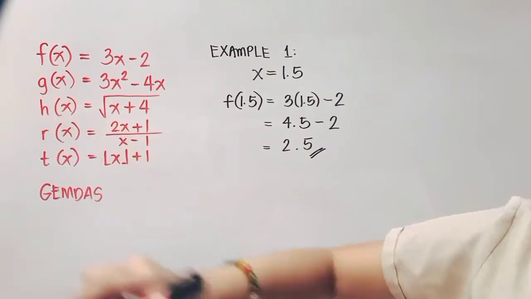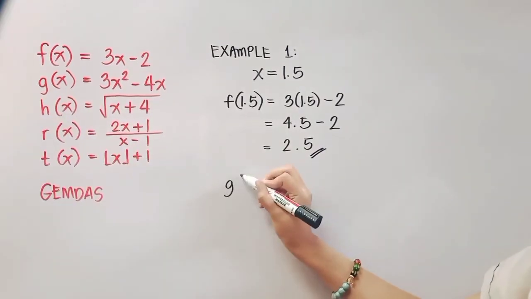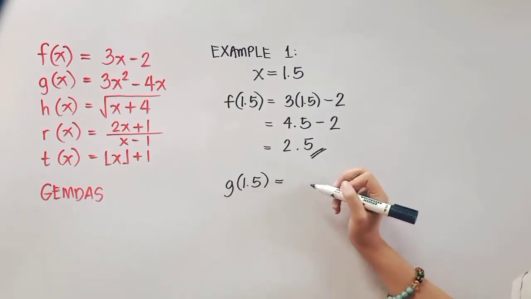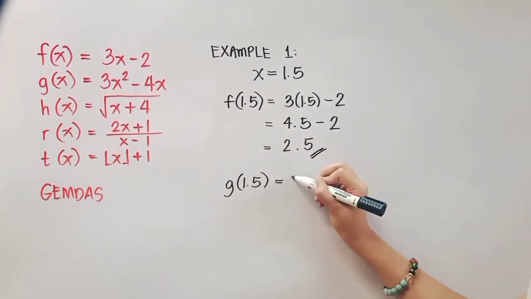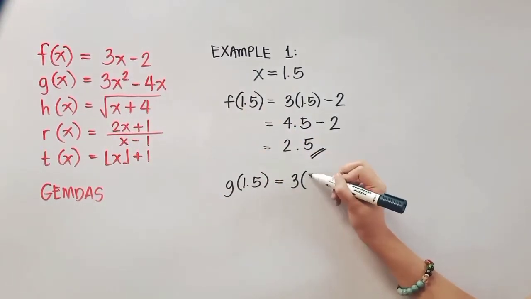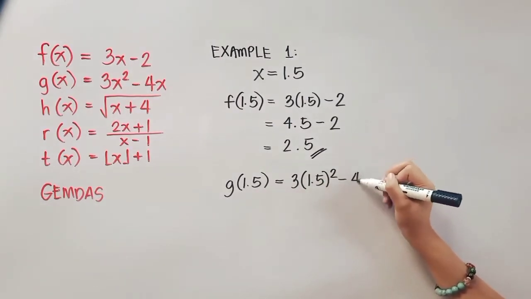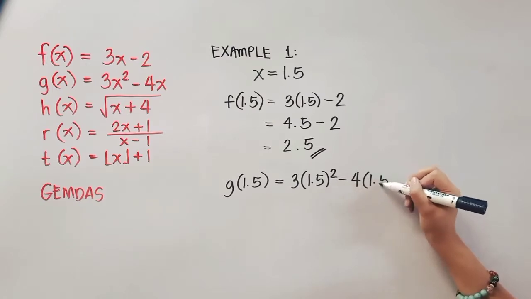Next, let's proceed to g of x. The same thing, g of 1.5 is equal to, simply copy and then substitute the value of x. So that's 3 times quantity 1.5 squared minus 4. Again, x is 1.5.